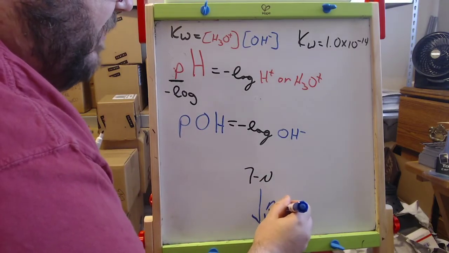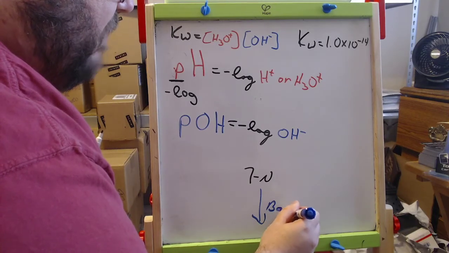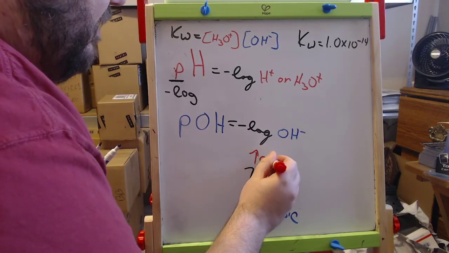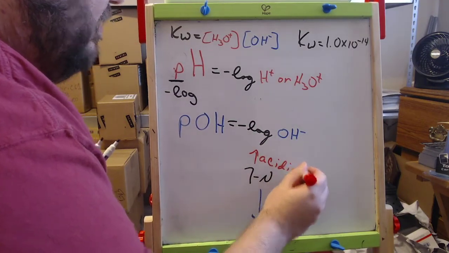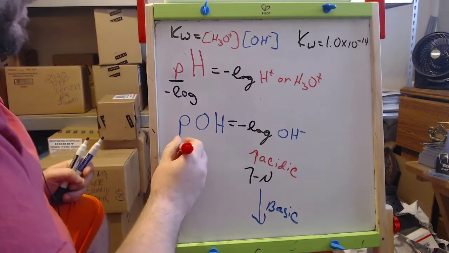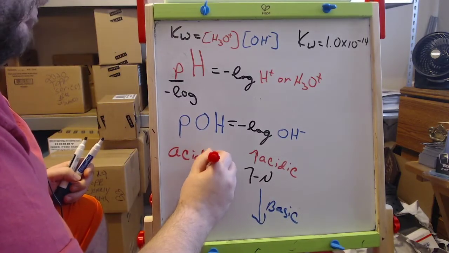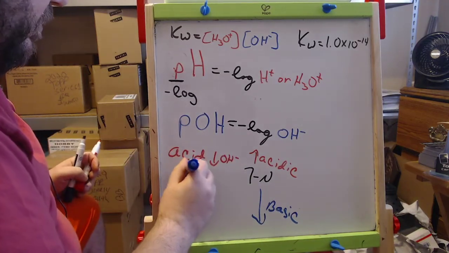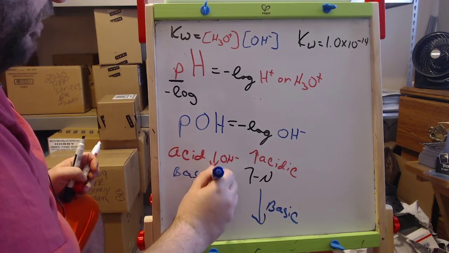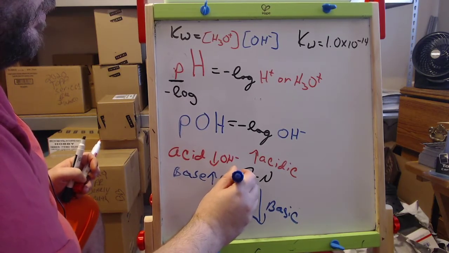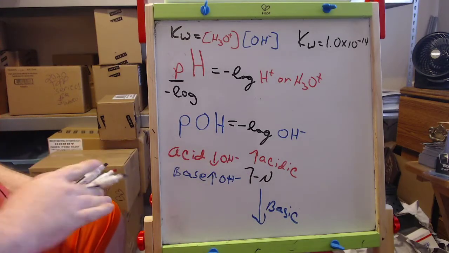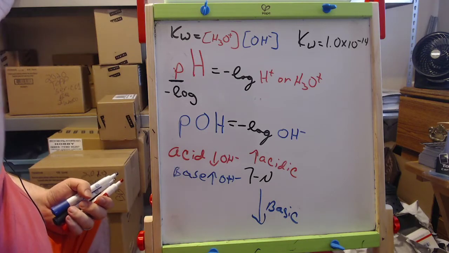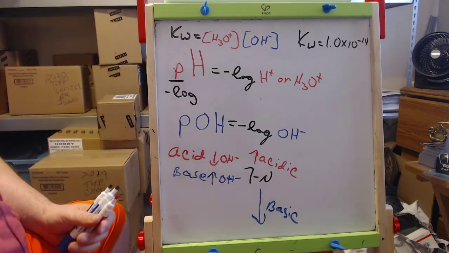Anything below 7 on the pOH scale is basic, and anything above is acidic, for kind of the same reason. If I'm an acid, I should have a low amount of OH minus, and if I'm a base, I should have a high amount of OH minus, and we follow our negative log rules. Negative log of a small number gives me a bigger number. Negative log of a large number gives me a smaller number.